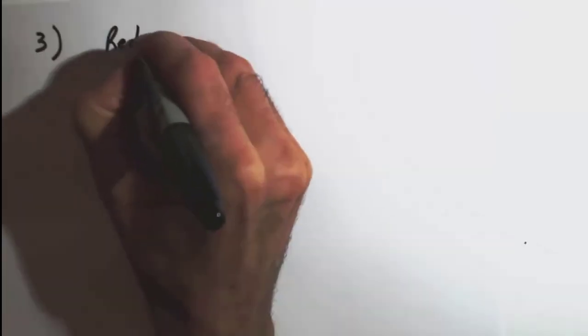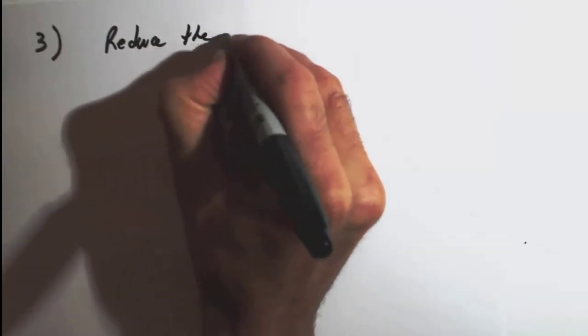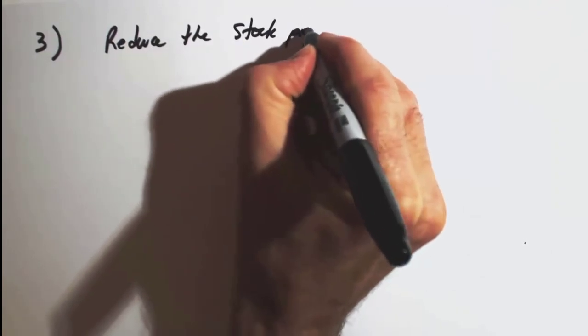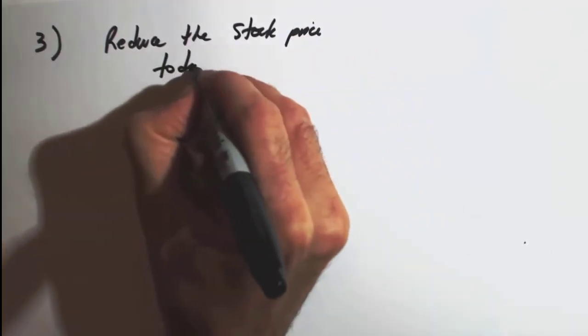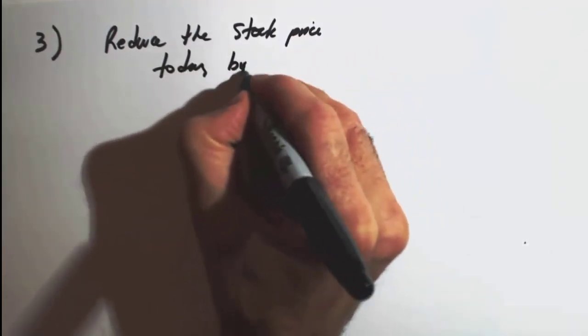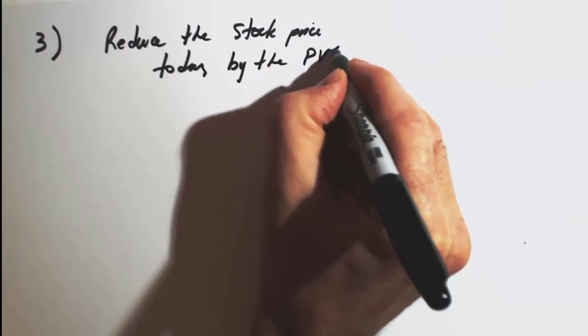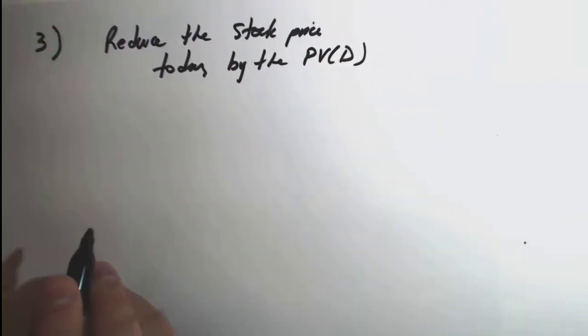The third method, I think, is probably the easiest, and that is to reduce the stock price today by the present value of the dividend.